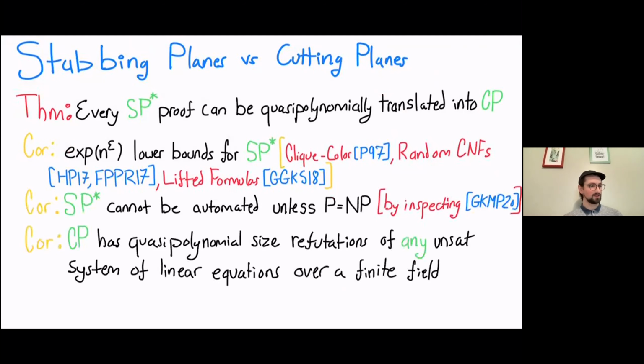And then the last one is something which is kind of cool: cutting planes has quasi-polynomial size refutations of any unsatisfiable system of linear equations over a finite field. And this is a little striking because on the other hand, there are unsatisfiable systems of linear equations, not over a finite field, which require exponential size cutting planes proofs.